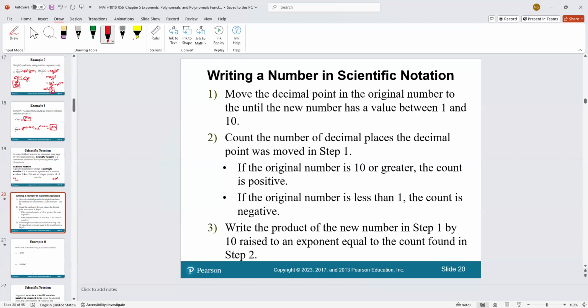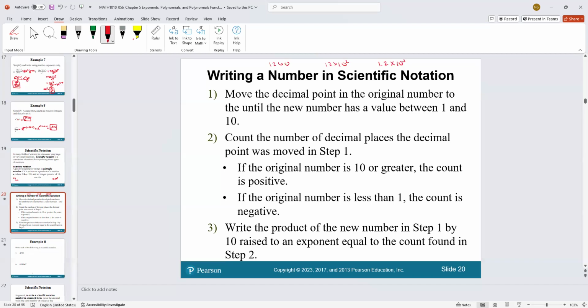For example, if you have 1,200, you cannot do 12 times 10 power 2, because 12 is not a digit between 1 and 10, from 1 to 9 point something. So what we can do is move it to 1.2 times 10 power what? Yes, 3 digits. So that's the second rule.